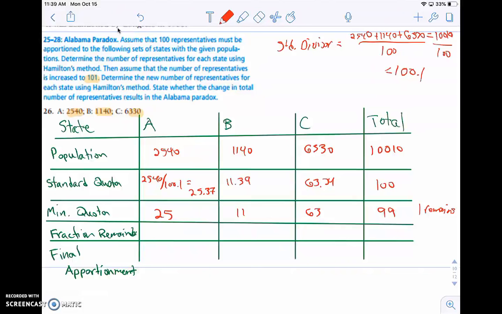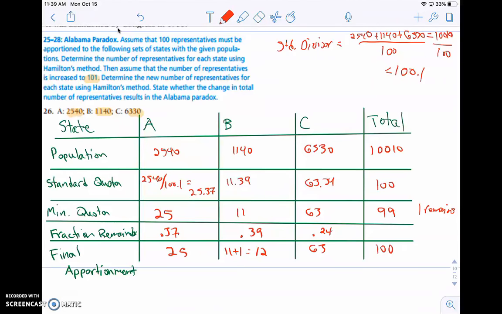The fractions or decimal portions left over are 0.37 for state A, 0.39 for state B, and 0.24 for state C. So for the final apportionment, state B is going to get the only additional one, so it'll take 11 plus one more, so it will get 12, and you'll remain at 25 and 63 for the other 2 states to get your total of 100. And again, that's using Hamilton's method.